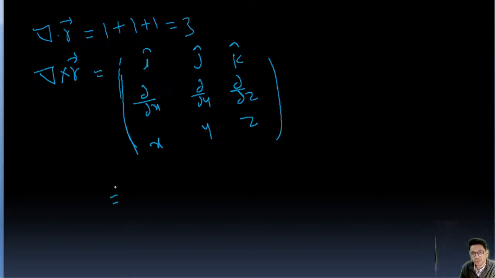So we'll solve it. Okay, so this is going to be i cap into this one, del z of del y and del y of del z. So this is going to be 0.